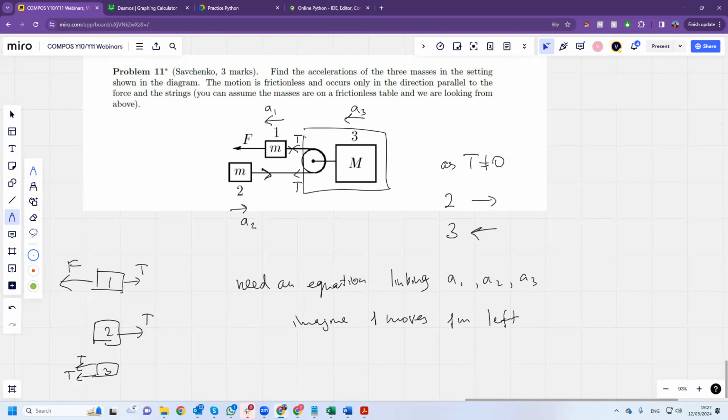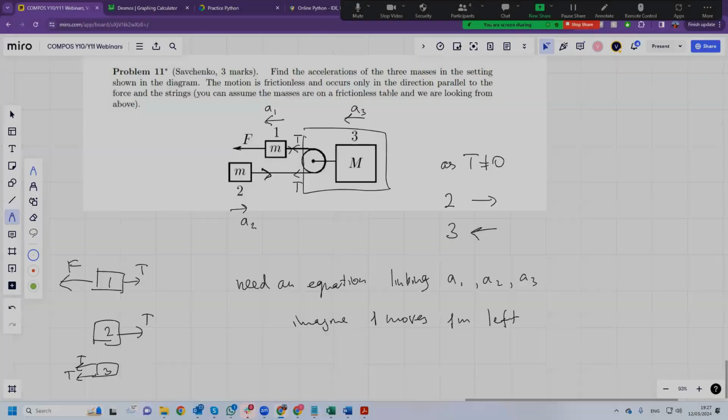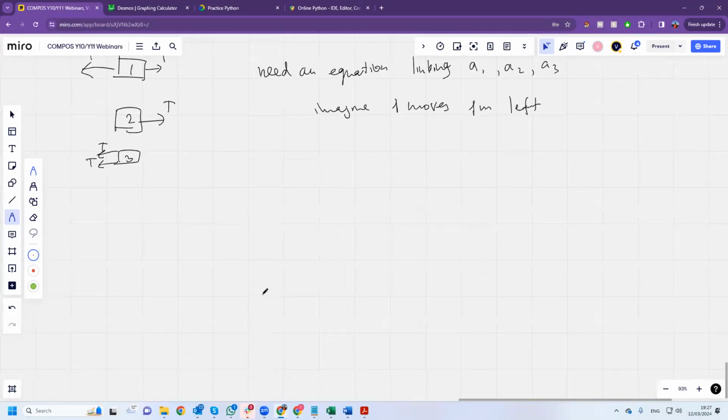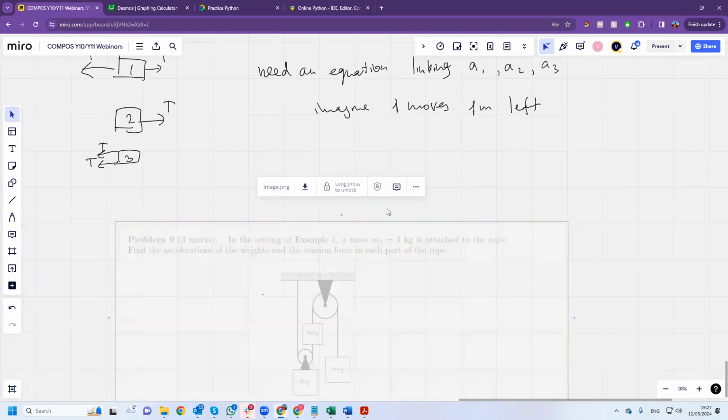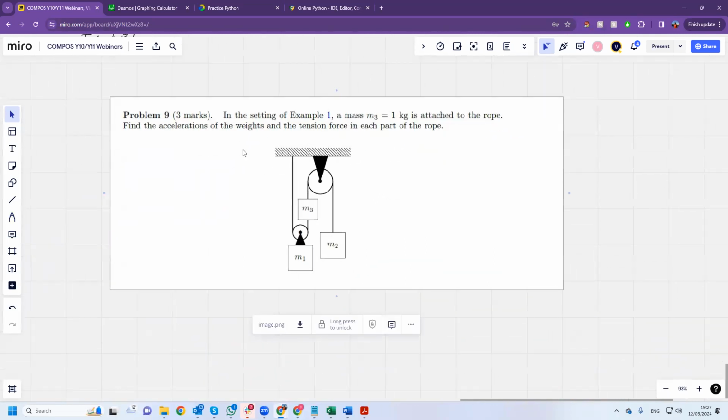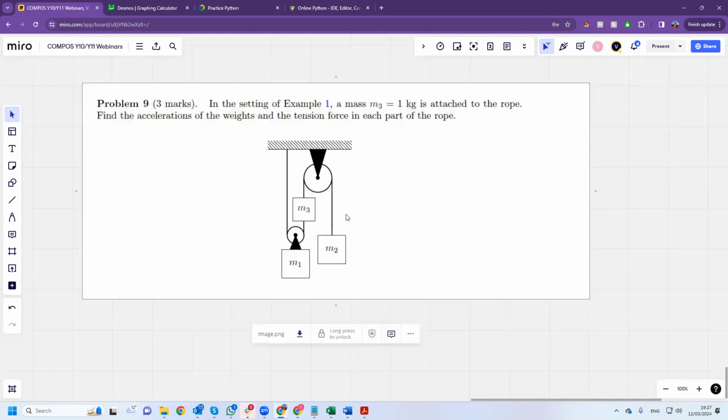Problem 9 physics. Find the acceleration of the weights. Well, we don't know which way they will be moving. Let's assume they're moving down.